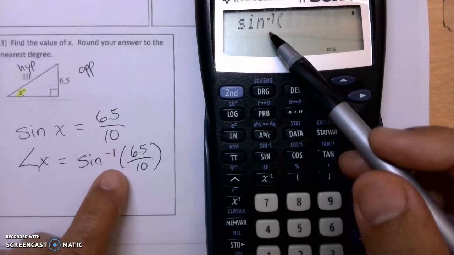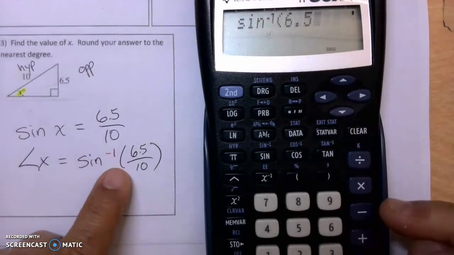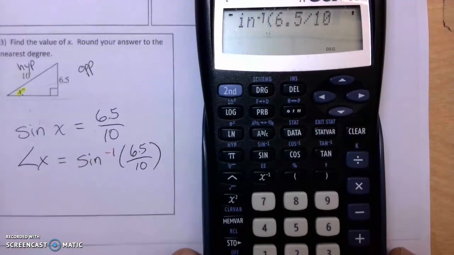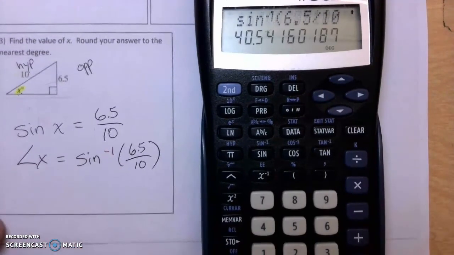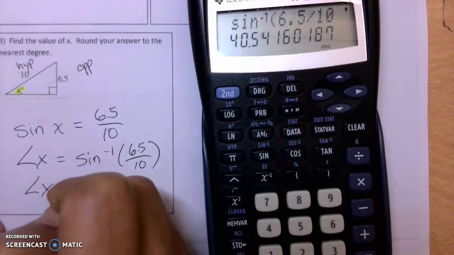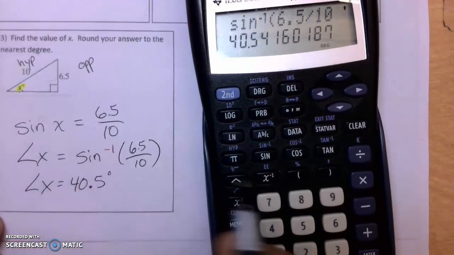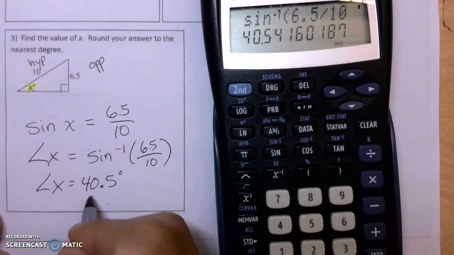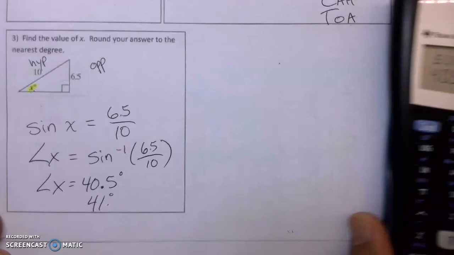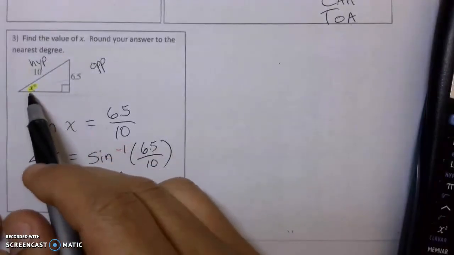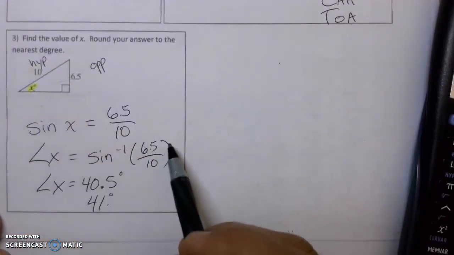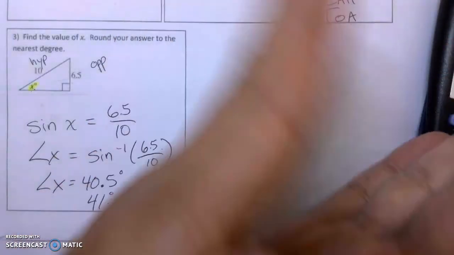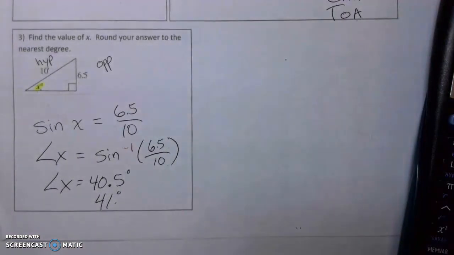Then you tell the calculator, I've got an opposite side that's 6.5 inches, I've got a hypotenuse that's 10 inches, and the calculator is going to tell you, okay, well, if that's what you have, an angle that is 40.5 degrees. Or you could say 41 because they want to round it to the nearest degree. 41 degrees, okay? So the calculator knows, if you are talking about the opposite number and the hypotenuse, that's 6.5 and 10, you must have a 41 degree opening that creates that relationship.